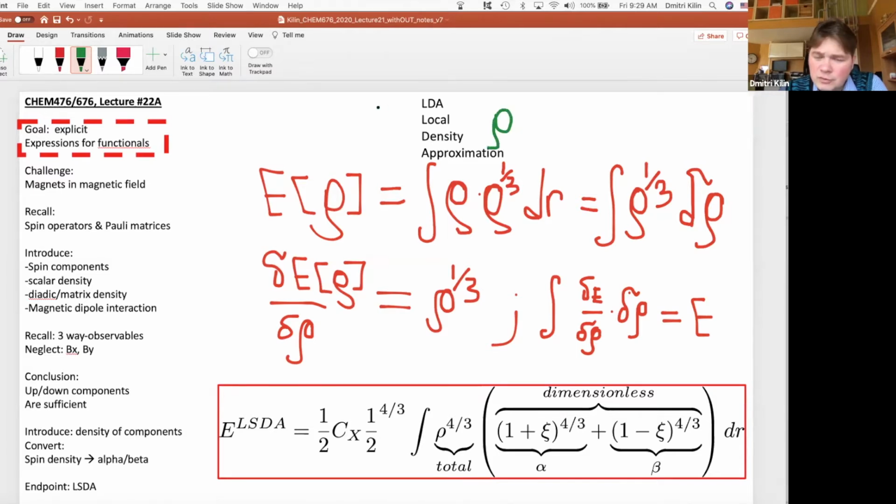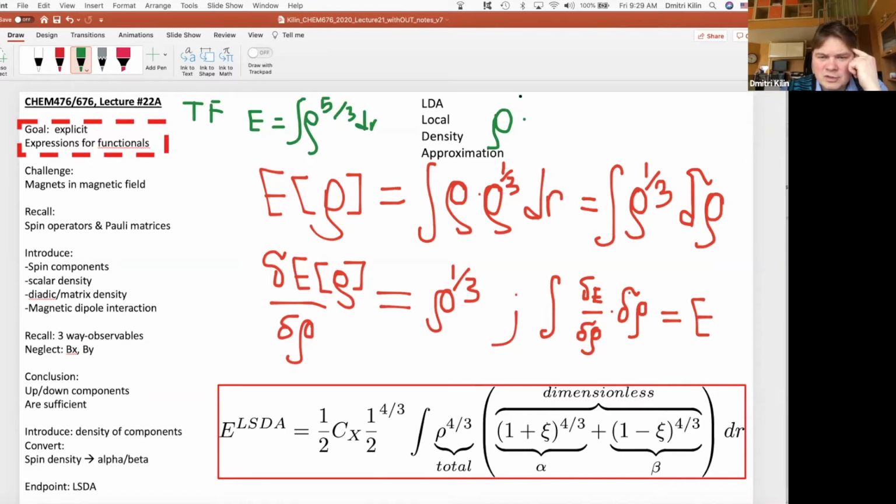It's simple. So functional. Just a second. In Thomas-Fermi theory, the energy is an integral of density to the power 5/3. If we do the simplest functional for real life, the change is not as big.